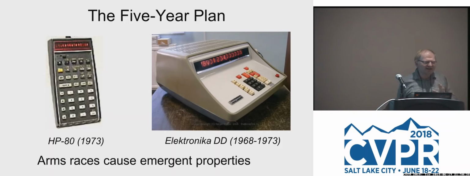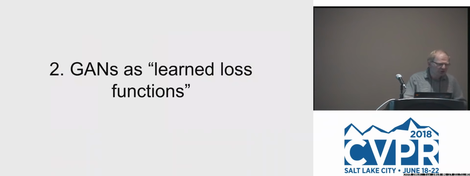And this is why I think that this is actually just the beginning, that we'll see much more of this type of setting up arms races, because that's how we're going to get cool new things to emerge, and not just to optimize the things we already know, right? Because what we want is we want something new to be created, and GANs is, I think, a great first step towards this.